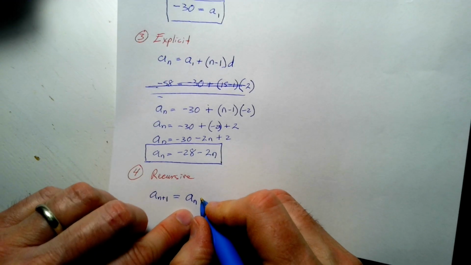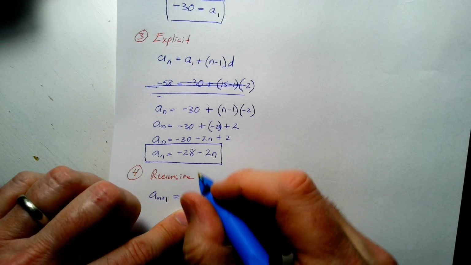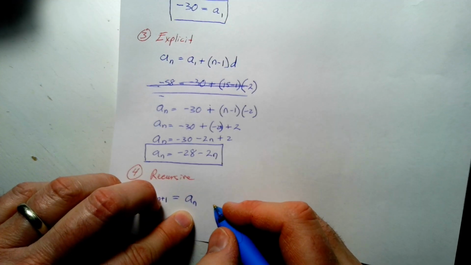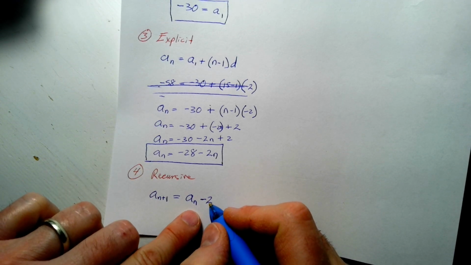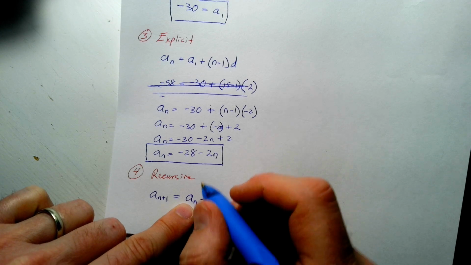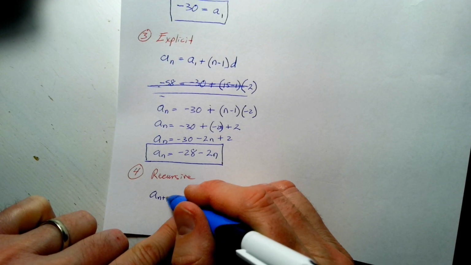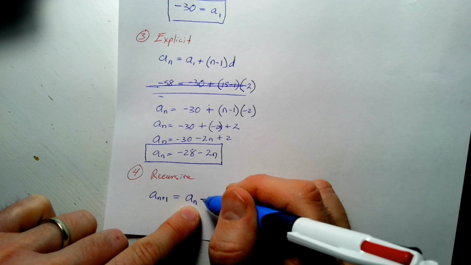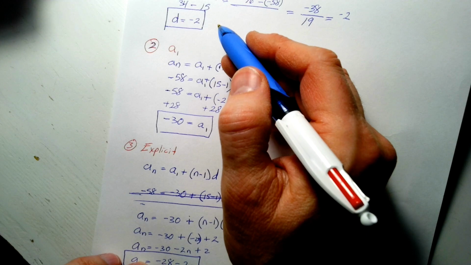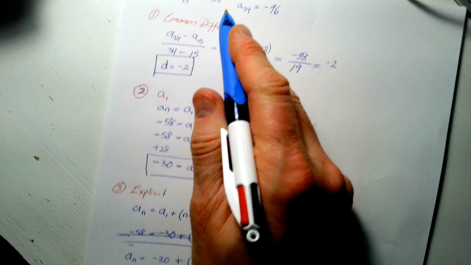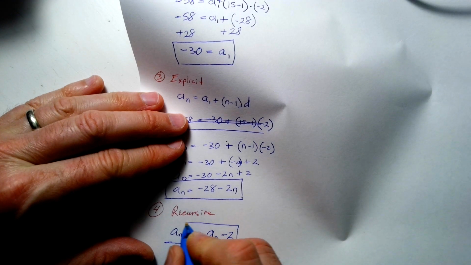So in this case, we're taking out a negative 2. If A15 is negative 58, then A16 would be negative 58 minus 2, which is negative 60. So the recursive formula is this.